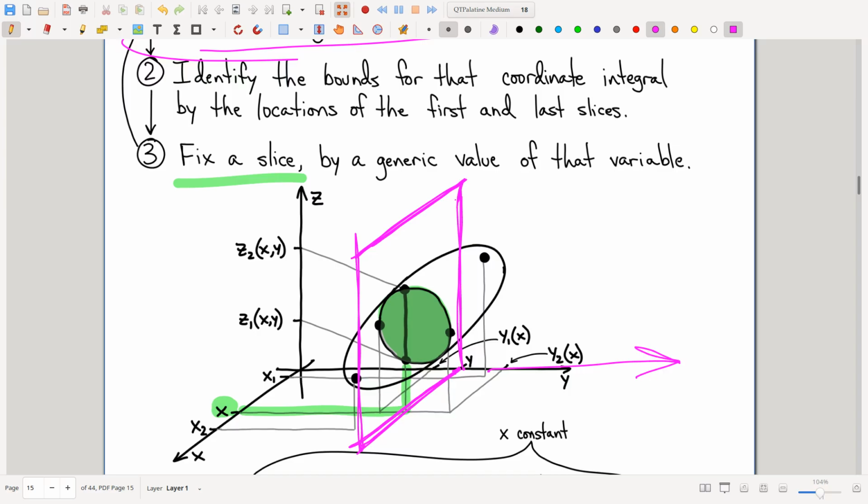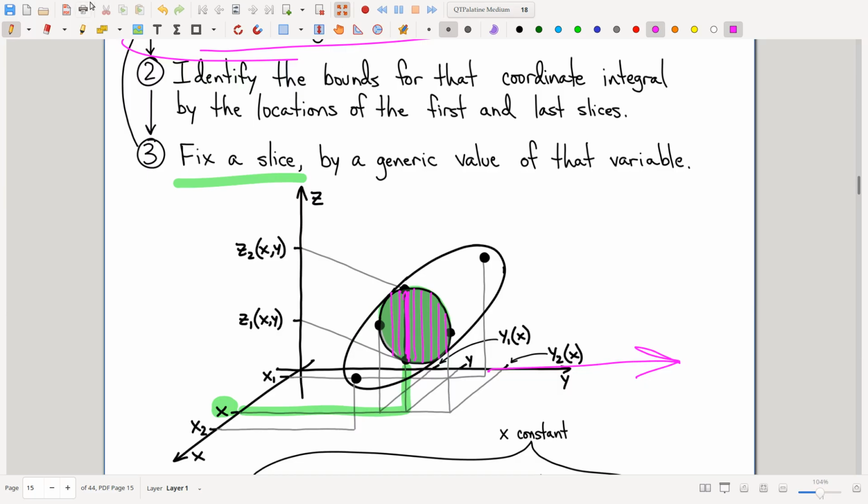My geometric appeal is that I will get a little line segment like that. Do you buy it? For different values of y, you'll get various different line segments like this. Everybody good?